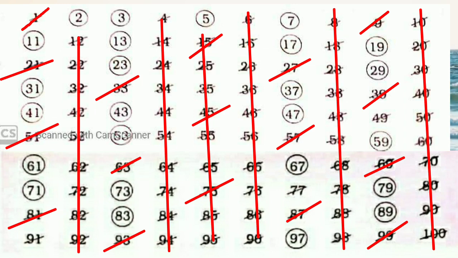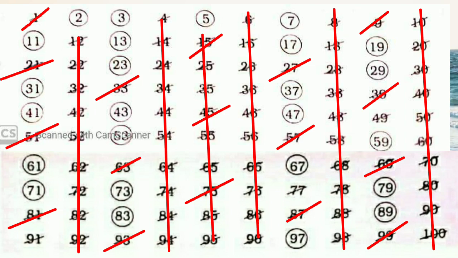Next what we have is 7, because 6 is already removed. Here 7 is a prime number, because except 1 and 7 or 7 and 1, we are not having any other number. So we'll say that 7 is a prime number. Now we'll remove all the multiples of 7, because these are the numbers which have 7 as a factor.